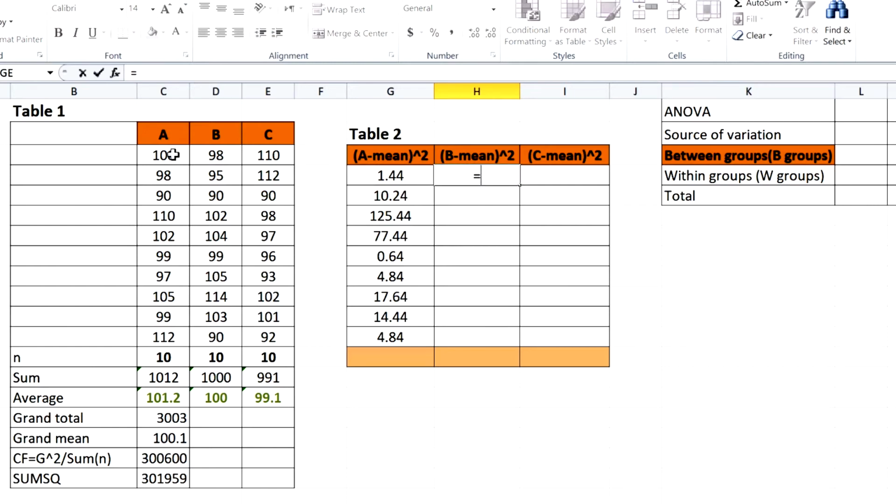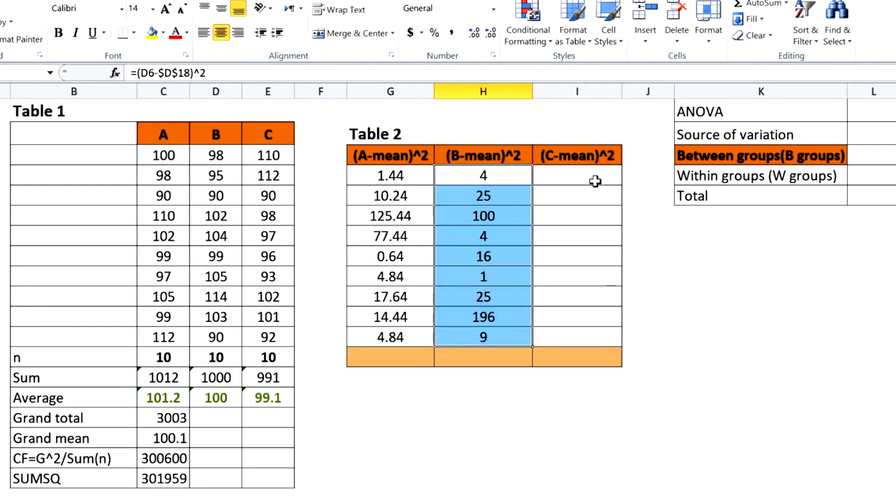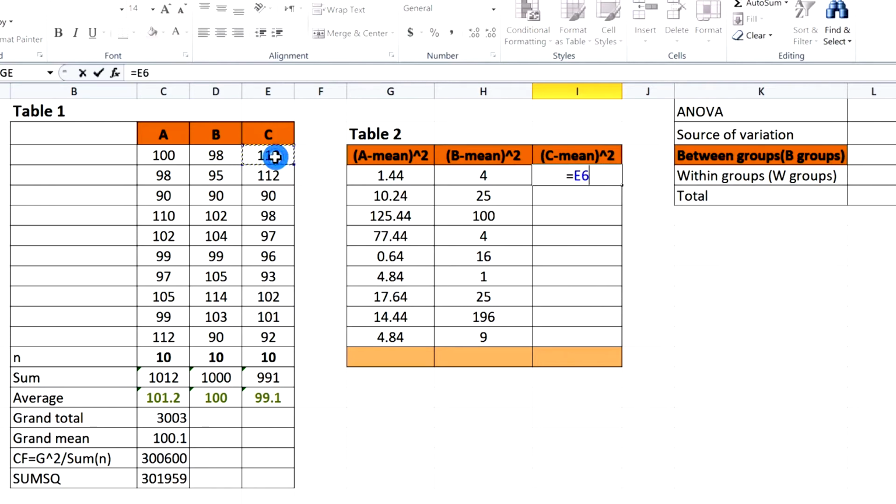Same here, equal to B minus this average, and equal to C, just like B minus.